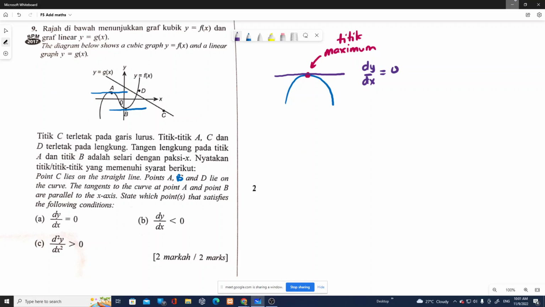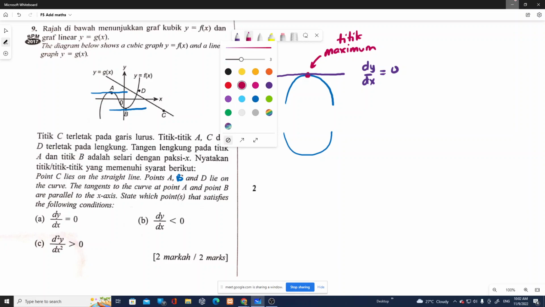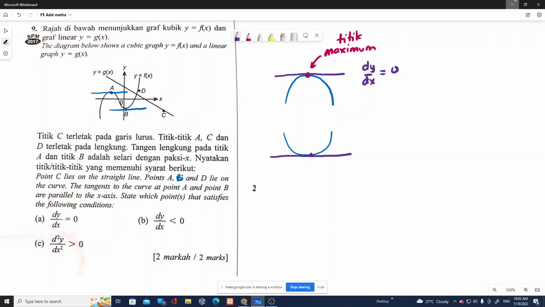Similarly, for a curve with a minimum point, if you were to draw the tangent to this curve at the minimum point, ini titik minima, the dy over dx or the gradient is also 0.